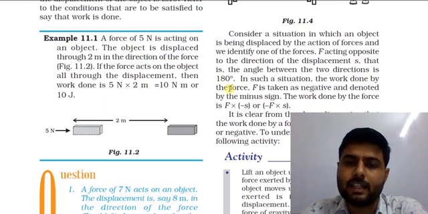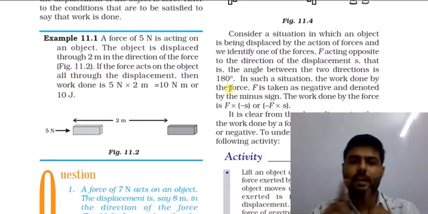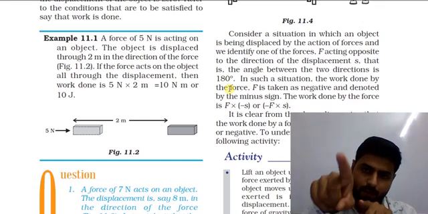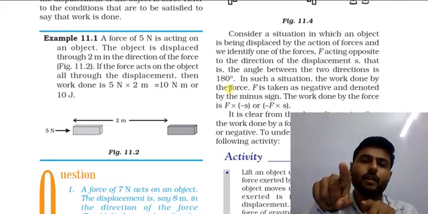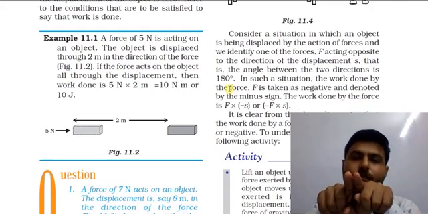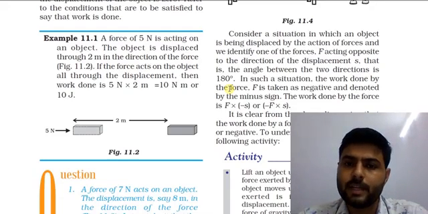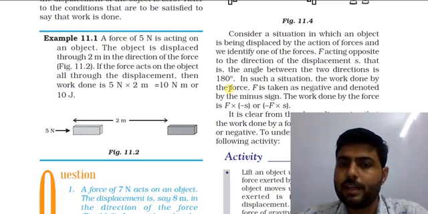In that, we discussed that if the displacement of the object is in the direction of force, we call it positive work, which means if the force applied is in the forward direction and the displacement of the object is also in the forward direction, we say it is positive work. Which means if the direction of force and displacement are the same, work will be positive.